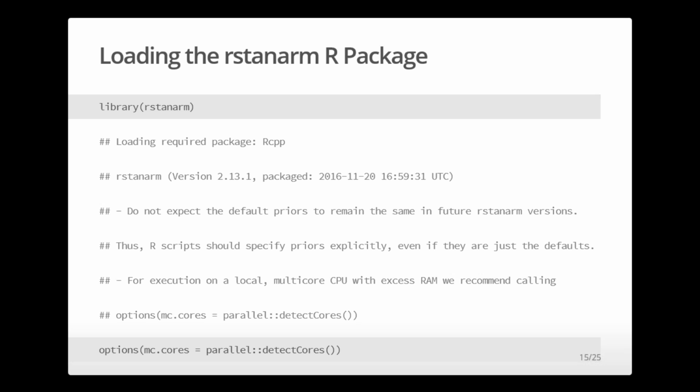If you specify those explicitly and you come back and estimate your model again in 2 years, it'll be using that same prior, even if the default in rstanarm has changed by that time. So it's good to specify those explicitly if you want your code to be kind of future-proof.